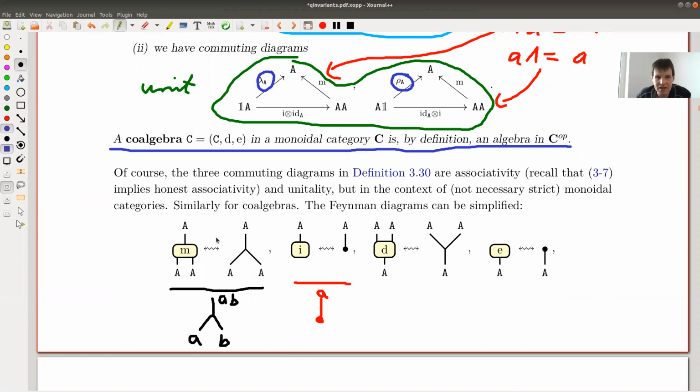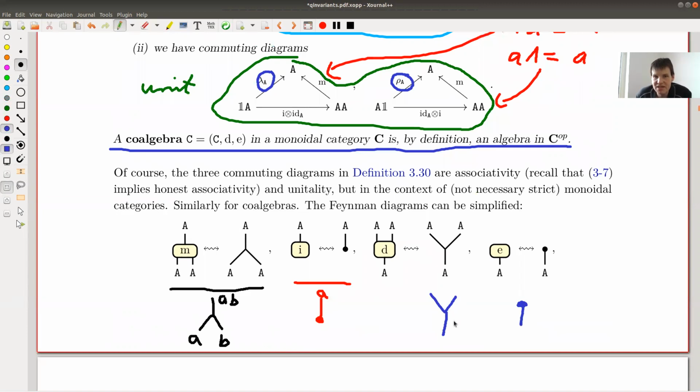And a co-algebra sounds complicated because we are all biased. We all like algebras because we've grown up with algebras. But a co-algebra in this setup is nothing else than reading the picture from top to bottom instead of bottom to top. The co-algebra is exactly the opposite way around.